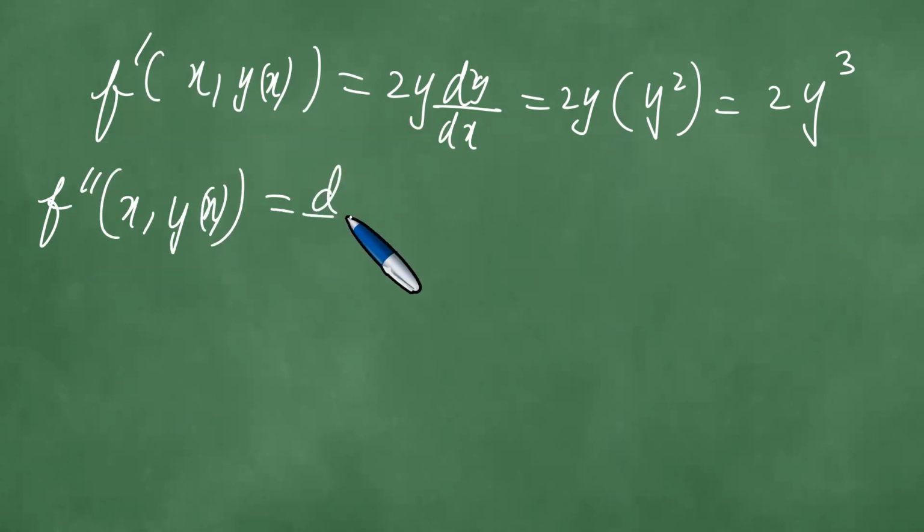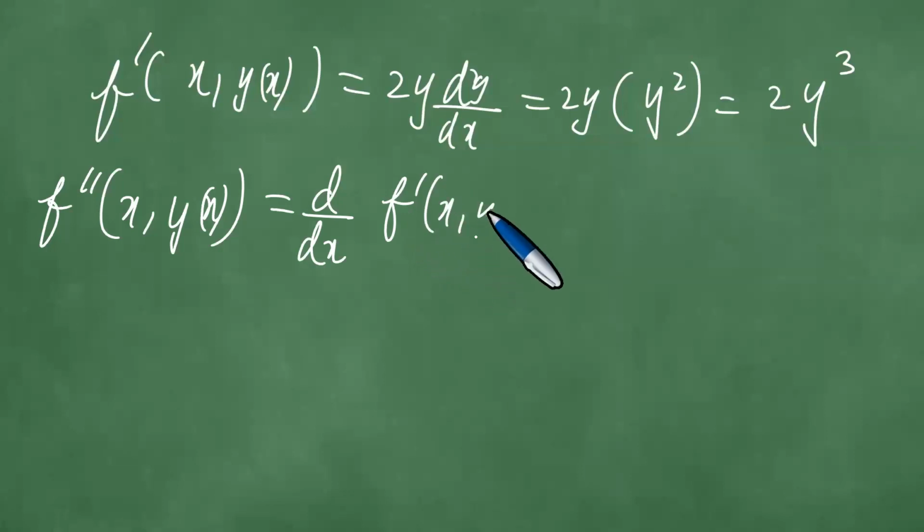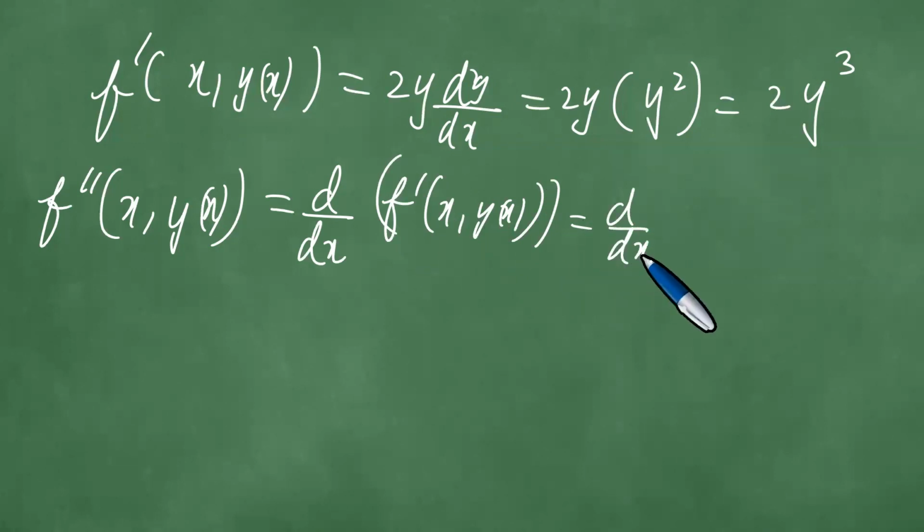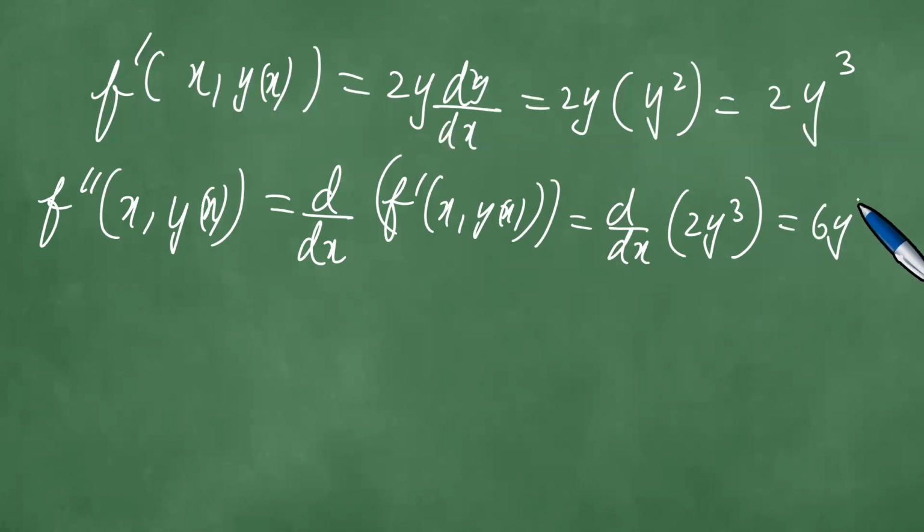So because the function of x, we put d dx of 2y cubed. Okay, because this one is 2y cubed, and the derivative is 6y squared dy dx.